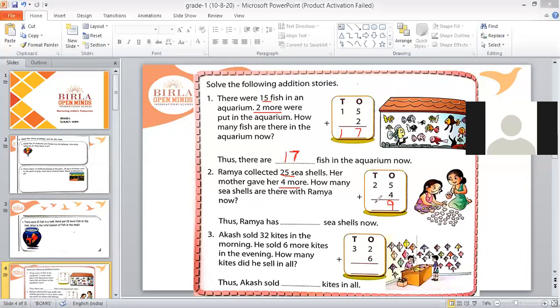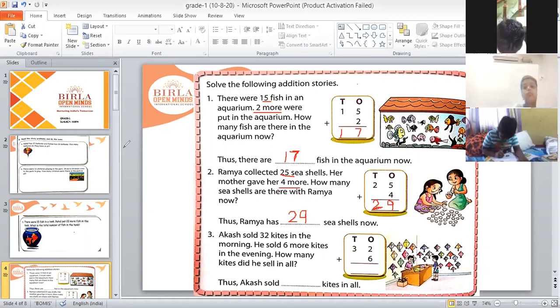And what is the number in tens place? 2, ma'am. See children, there is only one number in tens place, that is 2. So we will write that 2 as it is. Okay. So answer is 29. So we will write that answer in this space also. So this means 25 plus 4 equal to 29.